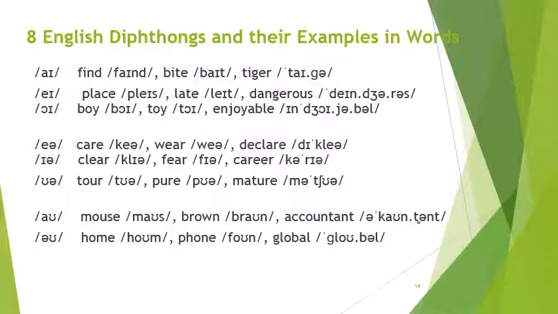Then we have ua, as in tour, pure, mature. Then second to the last, ow, as in mouse, brown, accountable.